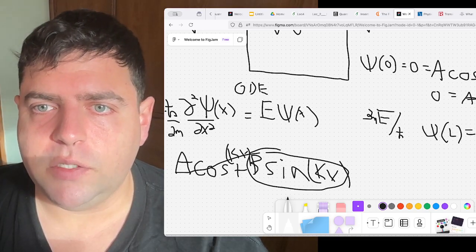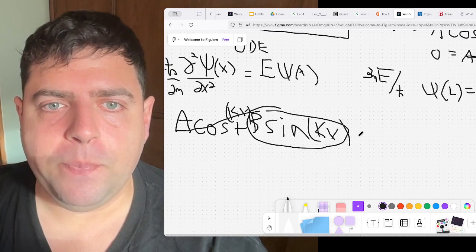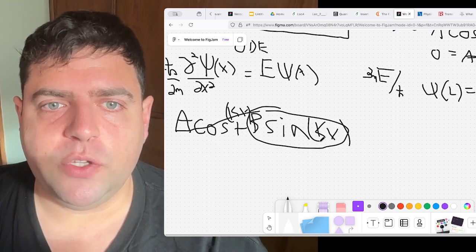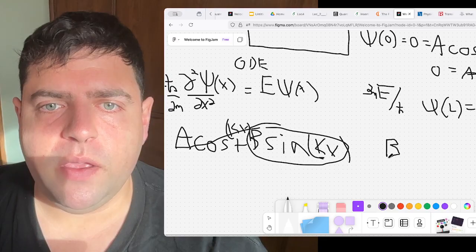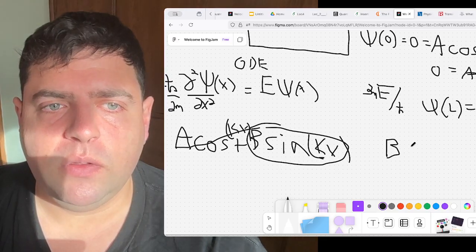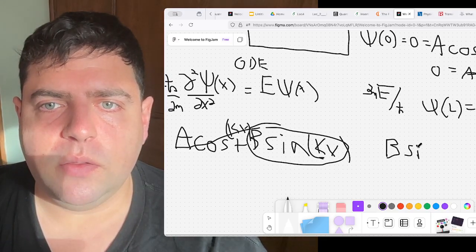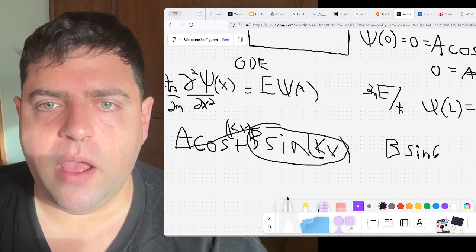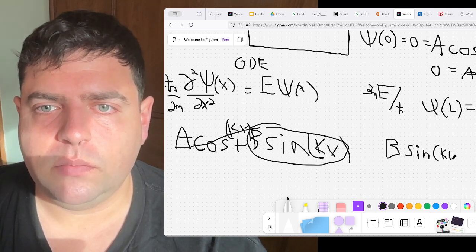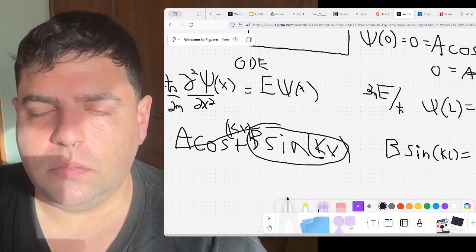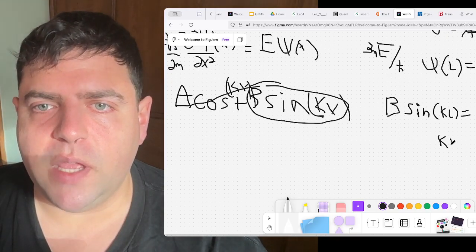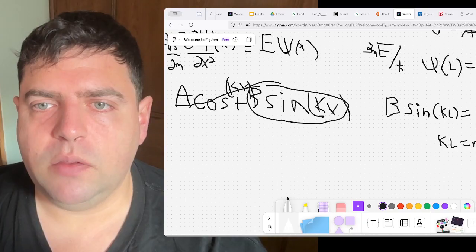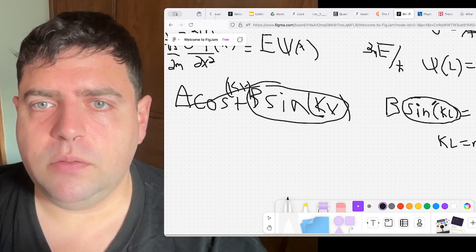Psi of L needs to equal 0. Okay, so this is going to determine this. B times sine of kL needs to equal 0 now, right? What that actually means is that kL needs to equal n pi, because we need this to be 0.